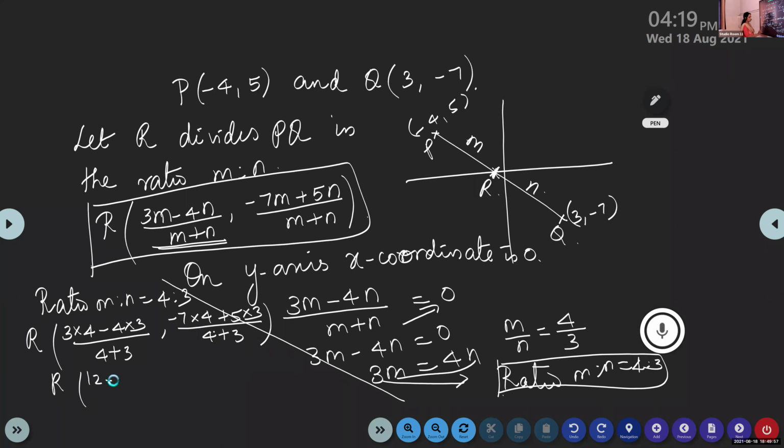Here it will become (12 minus 12) by 7, and (minus 28 plus 15) by 7. Therefore, the point R is (0, -13/7).